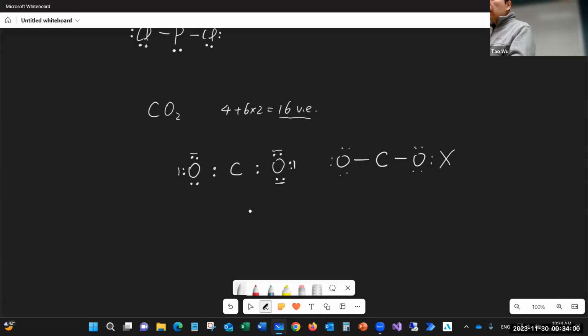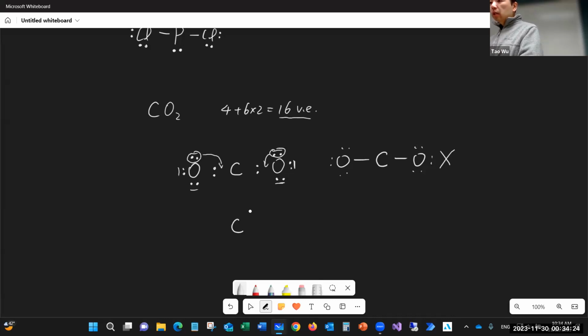So we need to move those lone pairs to the shared area. There are 2 different ways to do this. You can move one lone pair from the oxygen on the left side, or put one lone pair from the right side to the shared area.